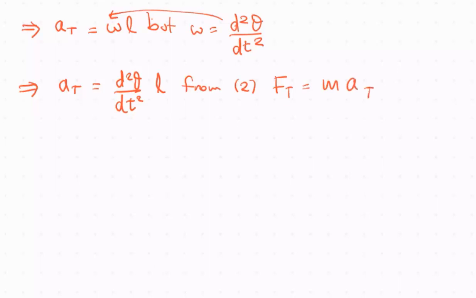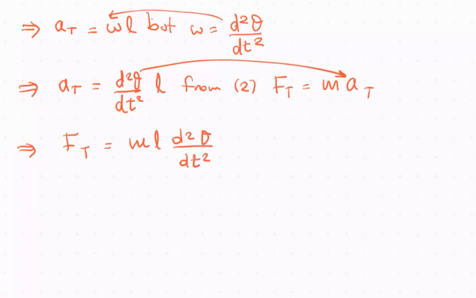Then, if we replace this into this, we will have that the tangential force is equal to the mass multiplying L, second derivative of theta with respect to time. Okay? And let's call this equation number 3. Okay? Let's highlight the equation.